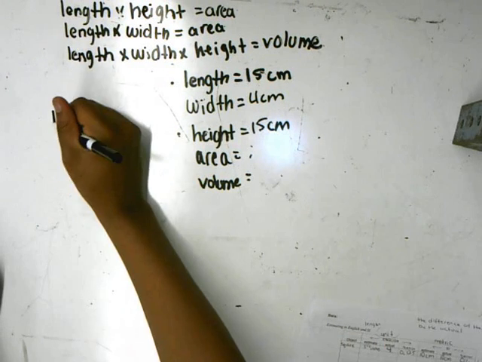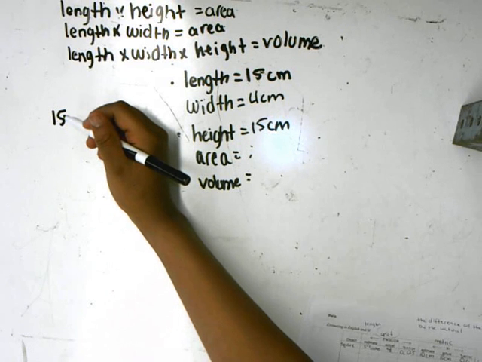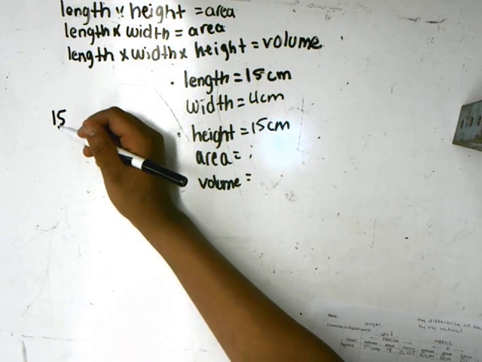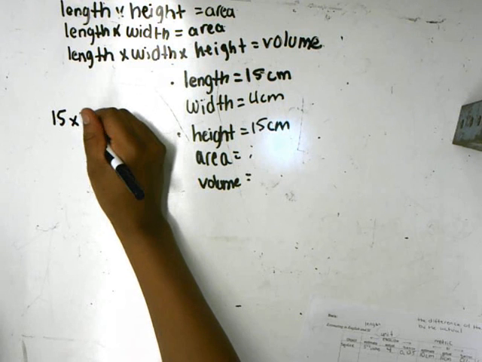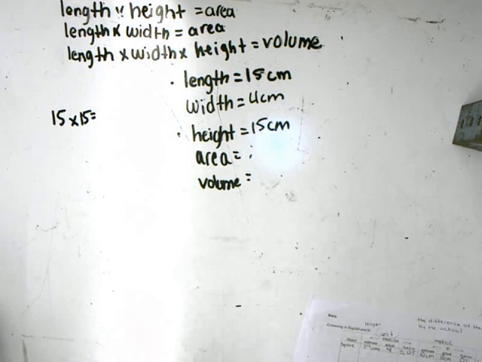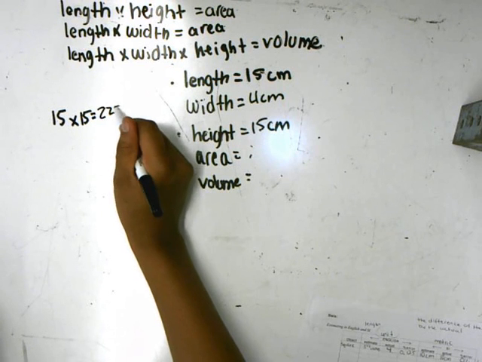And that equals 225 as the actual area measurement of this rectangular object.